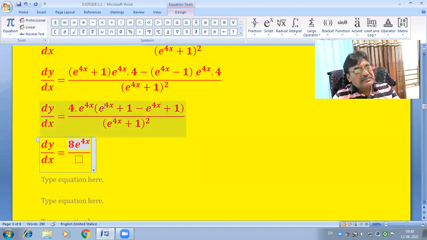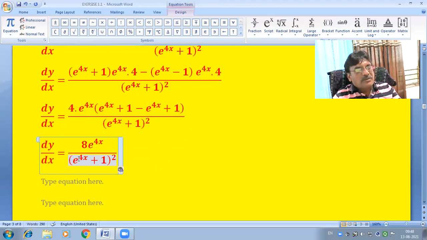Again, we repeat this. The e to the power 4x terms get cancelled. So 1 plus 1, 2, 2 into 4, 8 e to the power 4x as it is, upon the denominator e to the power 4x plus 1 whole square as it is. And this is the required derivative of the given function.